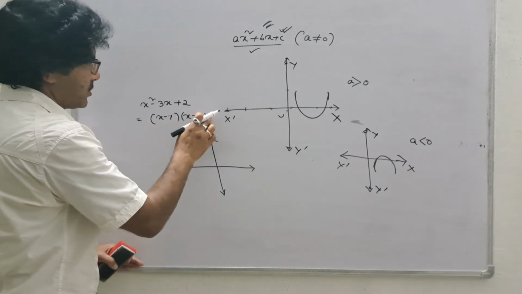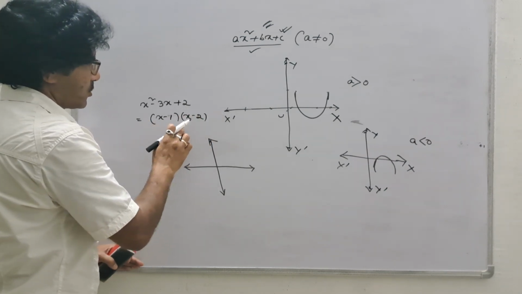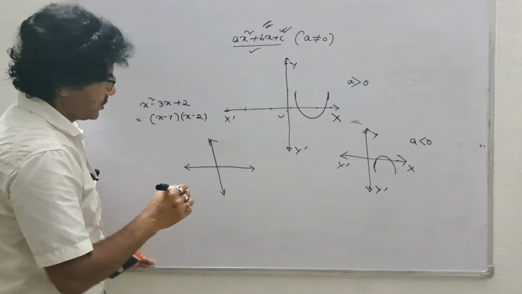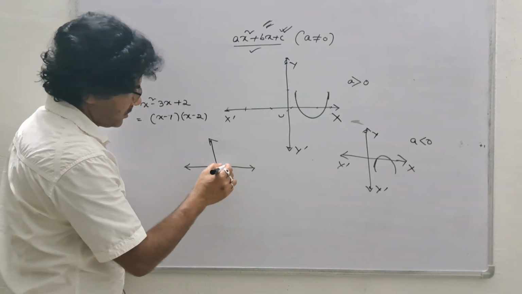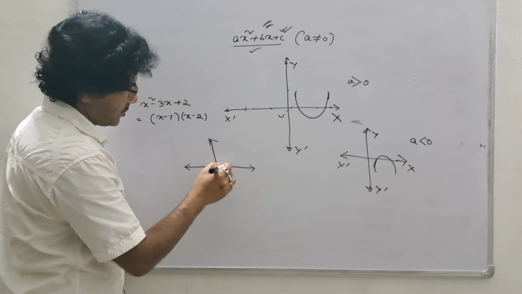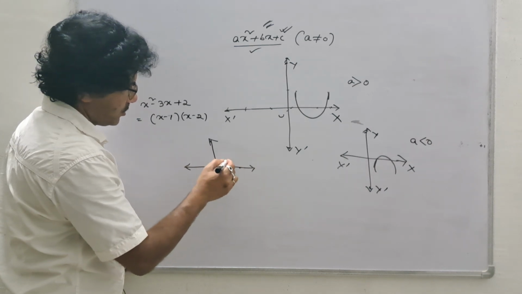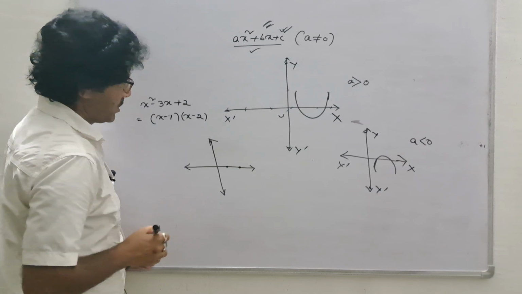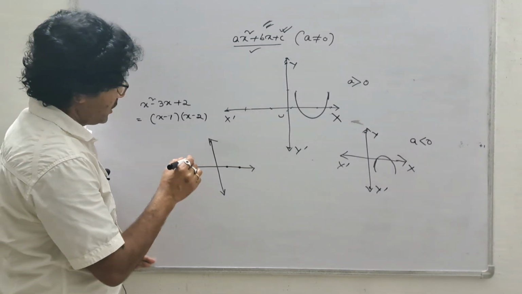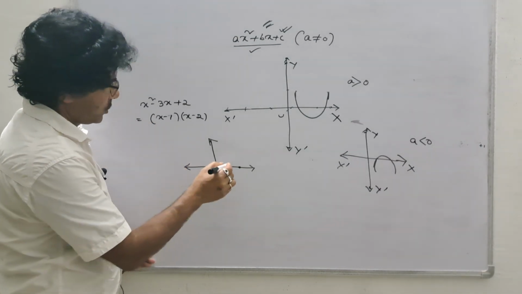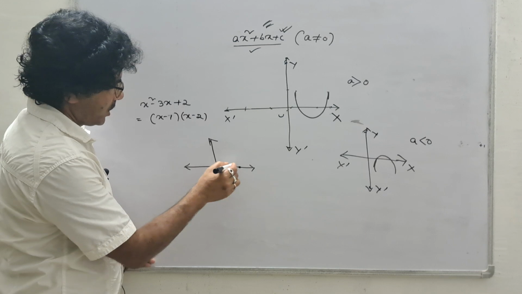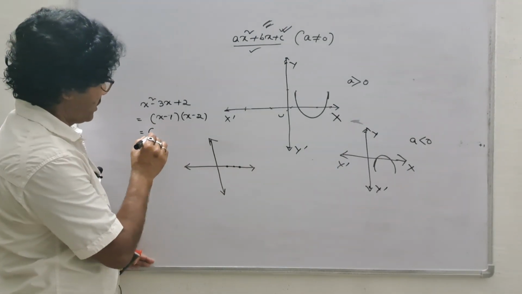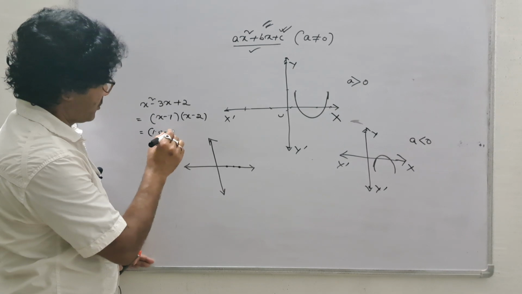If I write this equal to 0, then x is equal to 1, x is equal to 2. Now if I put a value in between 1 and 2, that is 1.5, then what will happen?